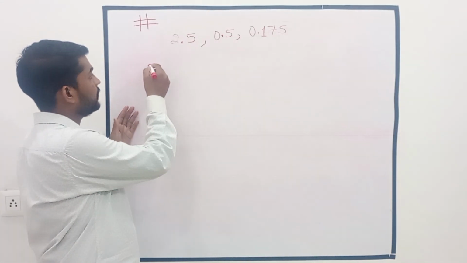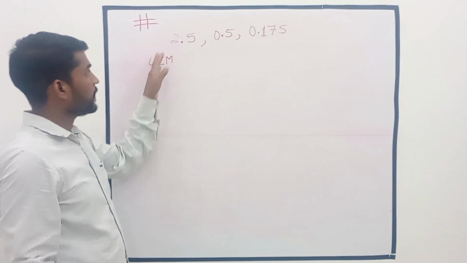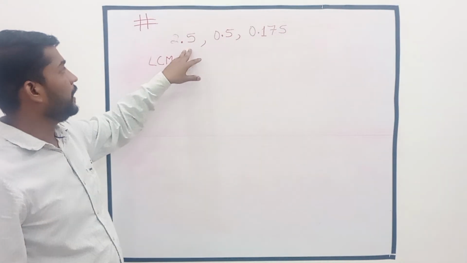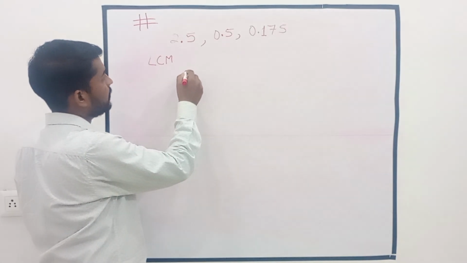Now we have to calculate the LCM of these decimal numbers, which is impossible to do directly. First we change these numbers into fraction form.